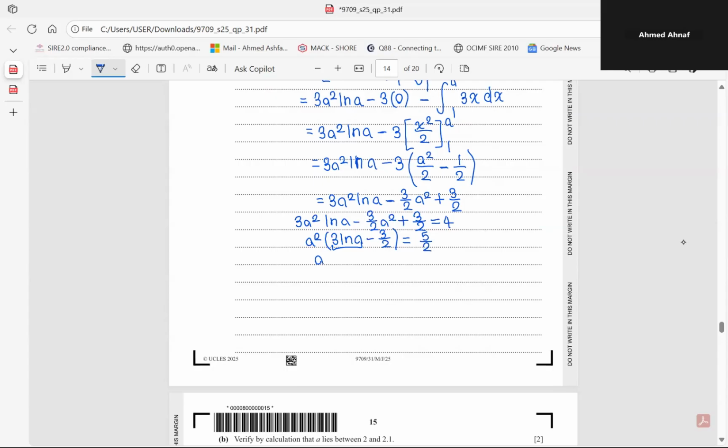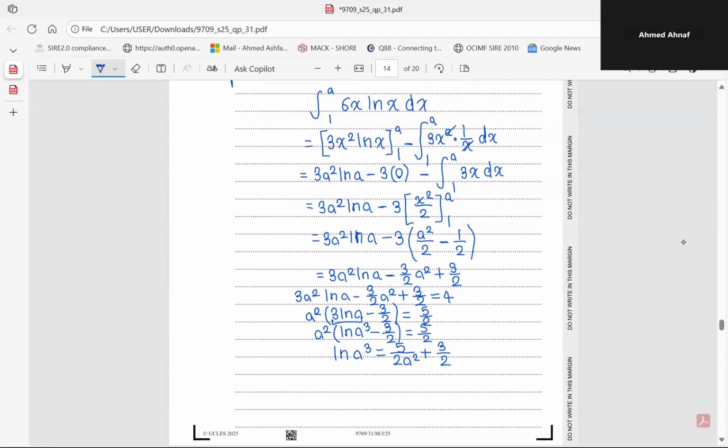So this would be a squared ln a cubed over 3 over minus 3 over 2 equals 5 over 2. And ln a cubed, we're just going to isolate immediately. So that is 5 over 2a squared plus 3 over 2.